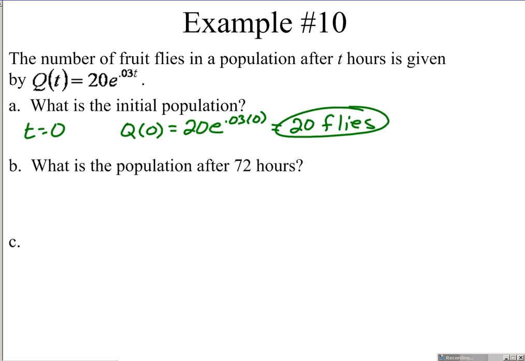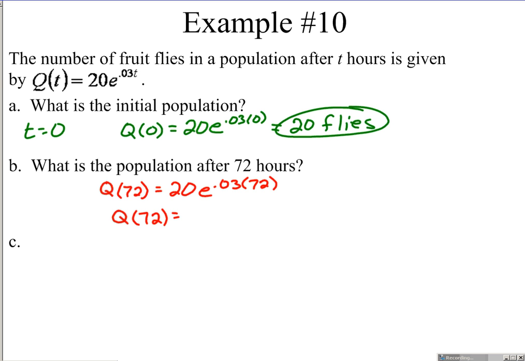What is the population after 72 hours? Well, after 72 hours means that we're going to plug in 72 for t. The population after 72 hours is given by 20 times e to the 0.03 times 72. Plug that into your calculator.